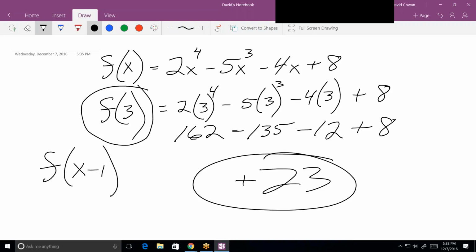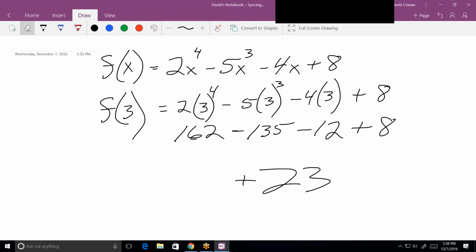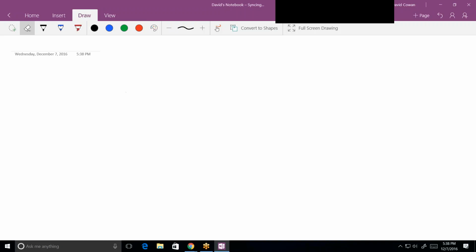Then I substitute x minus 1 wherever I see an x. So, you know, I would start out by 2 times x minus 1 to the 4th and go from there. But this notation becomes more and more important the higher up you go in math. Really important in calculus and precalculus. Okay, what else you got?